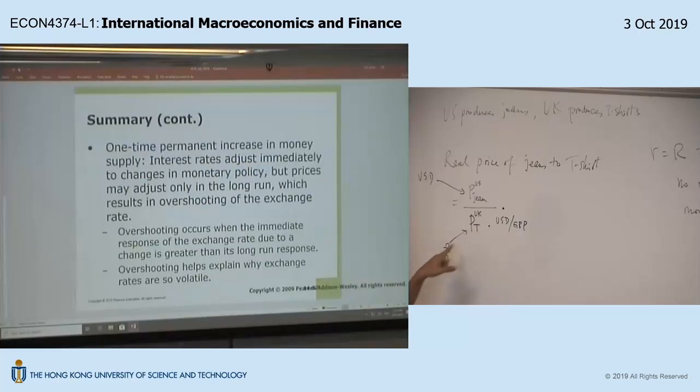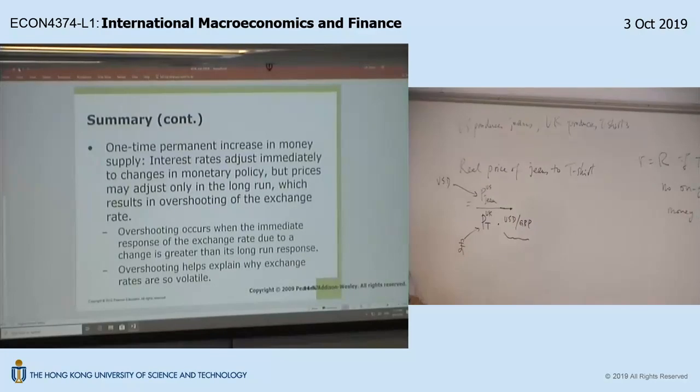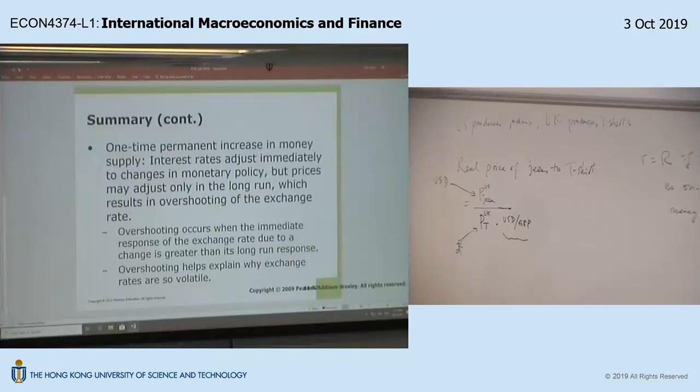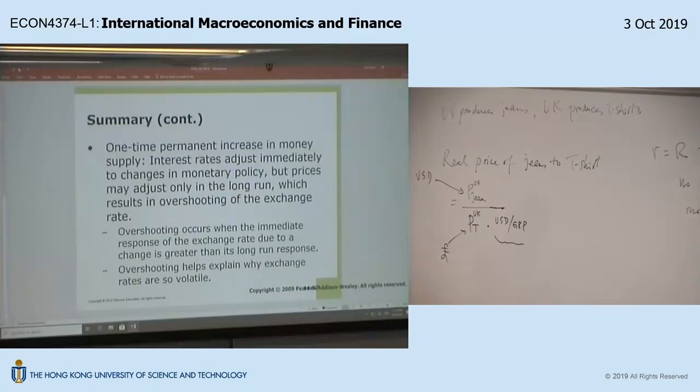Okay, so this is in pound, right? So you want to express this in the U.S. dollar price, right? So this is an exchange rate. This is the dollar per pound exchange rate, right?